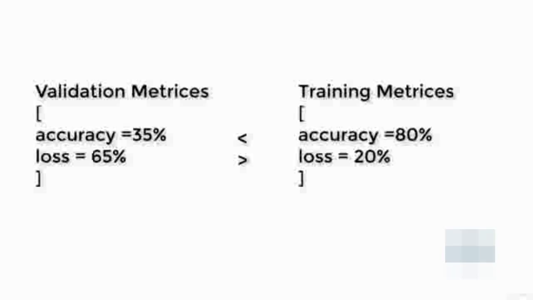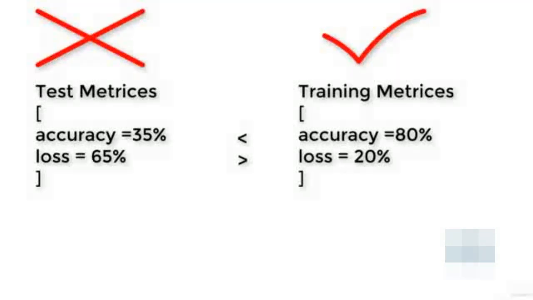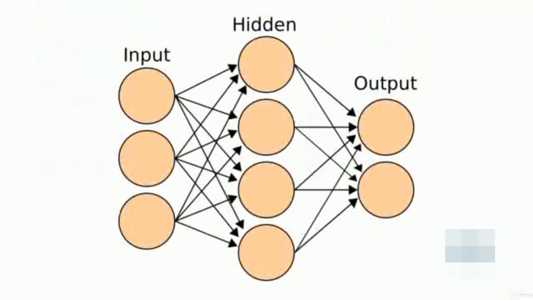If the validation metrics are considerably worse than the training metrics, then that is an indication that our model is overfitting. We can also get an idea that our model is overfitting if during training the model's metrics were good, but when we use the model to predict on test data, it doesn't accurately classify the data in the test set. The concept of overfitting boils down to the fact that the model is unable to generalize well.